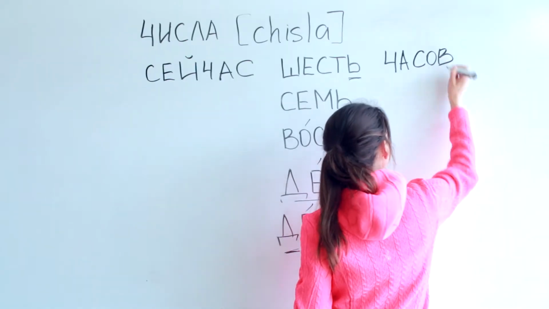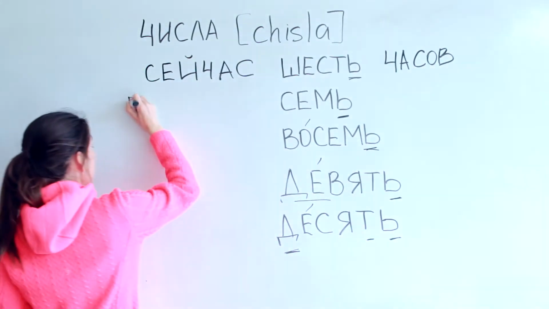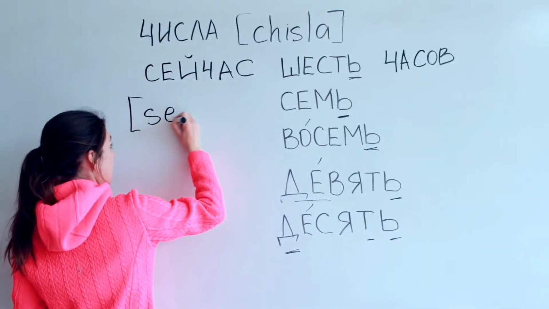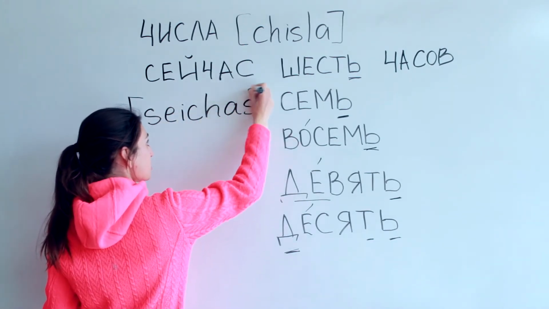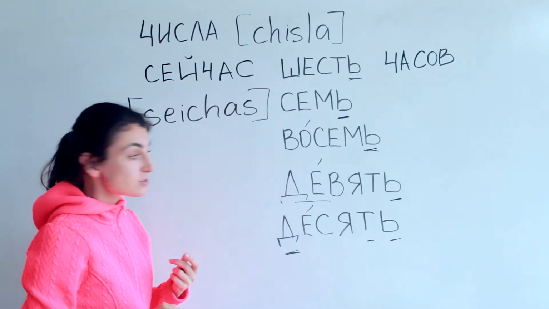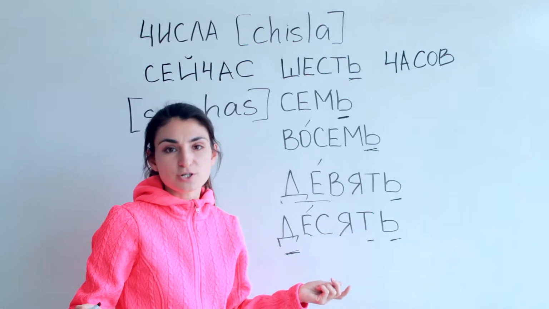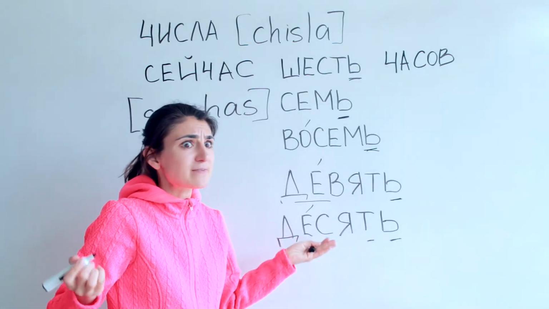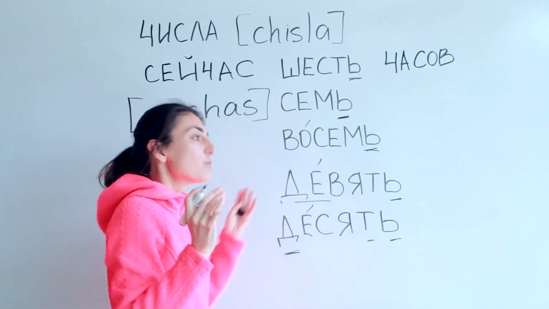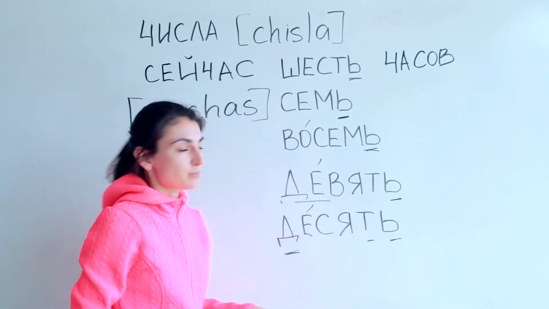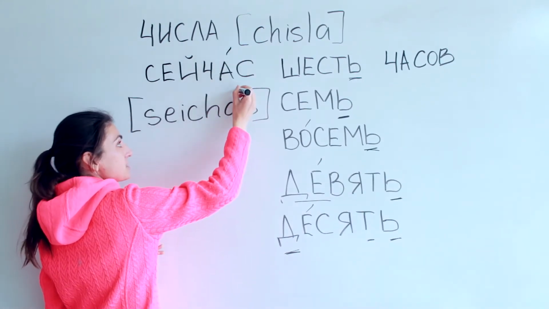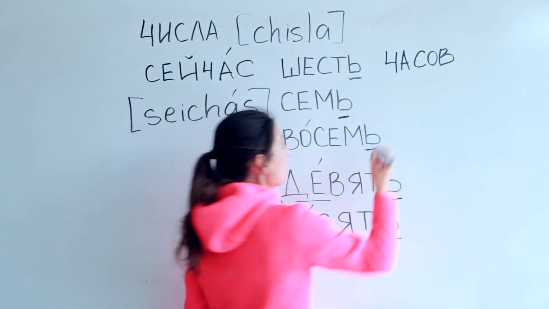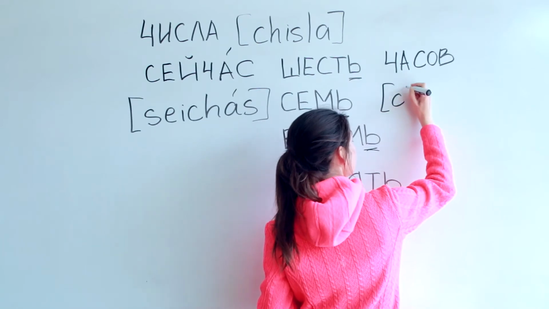часов. Okay, let me help you with the transcription. I know you love the transcription because, oh come on, it's the Russian language, different letters, different numbers, everything is different, everything is so scary. We need the transcription. So, сейчас, час is stressed, and часов.